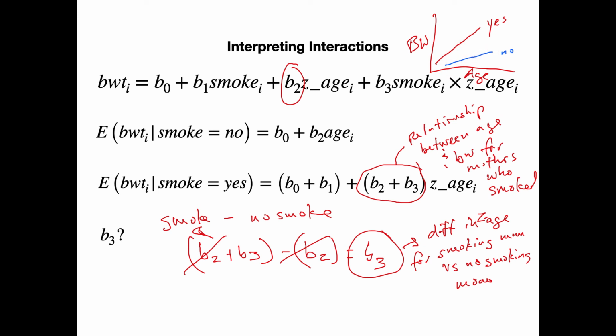This slope here is B2 plus B3, this slope down here is B2, and the difference between the slopes is just B3. B3 is the delta, the difference between the two. We can walk through numeric examples, and I do so in the textbook as well.